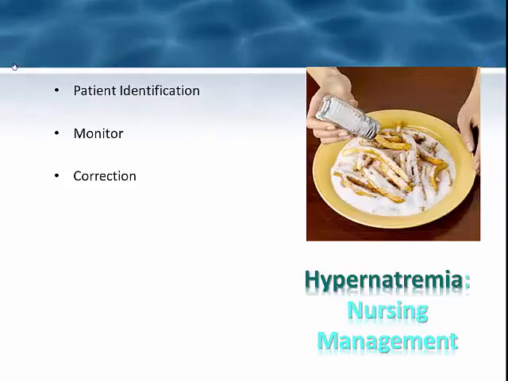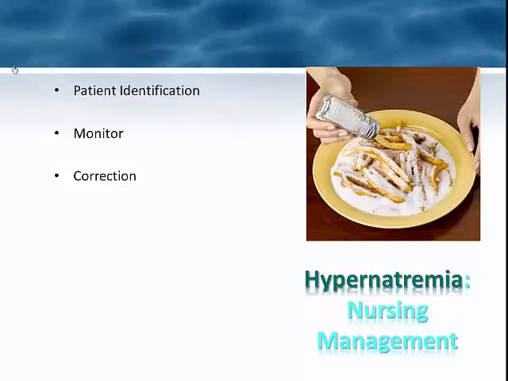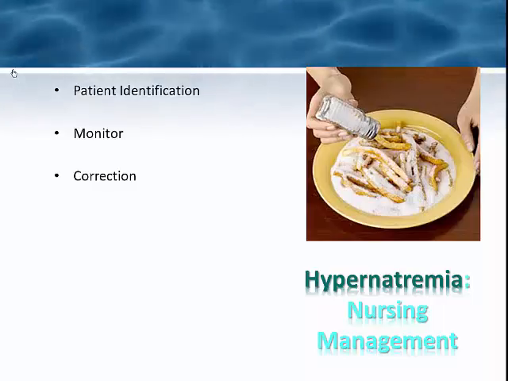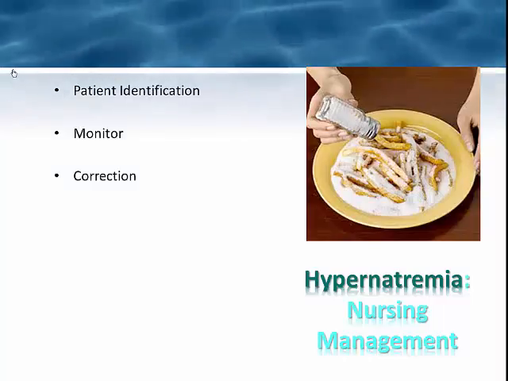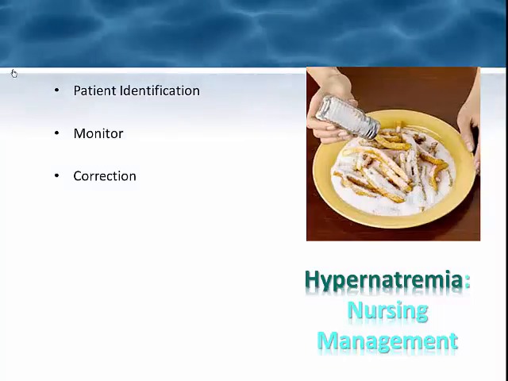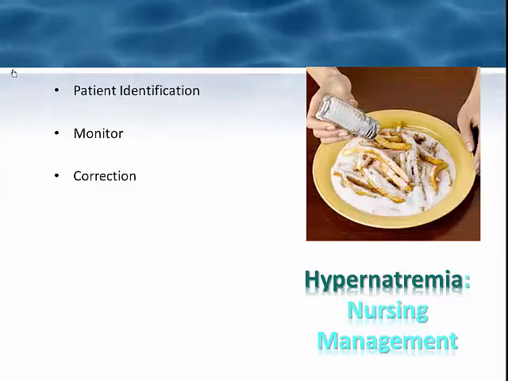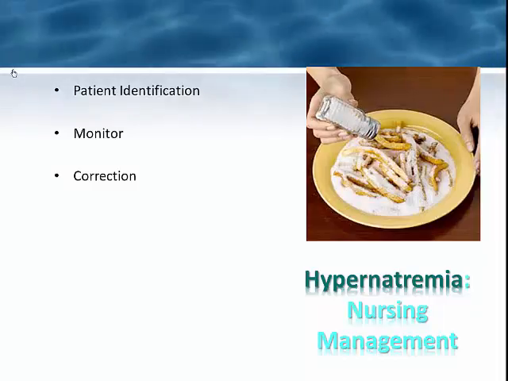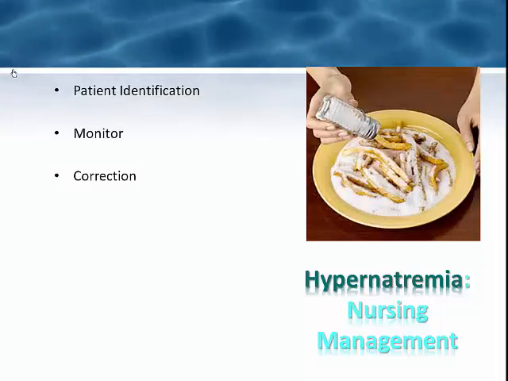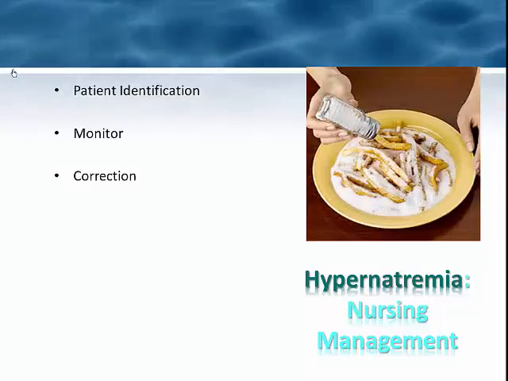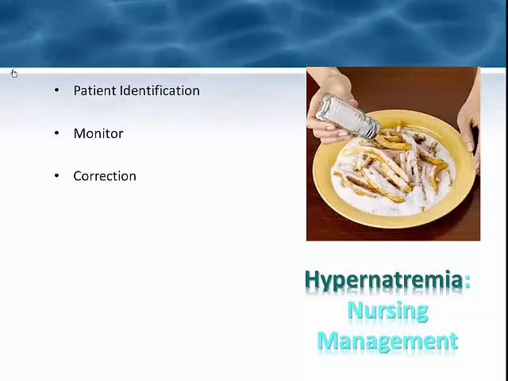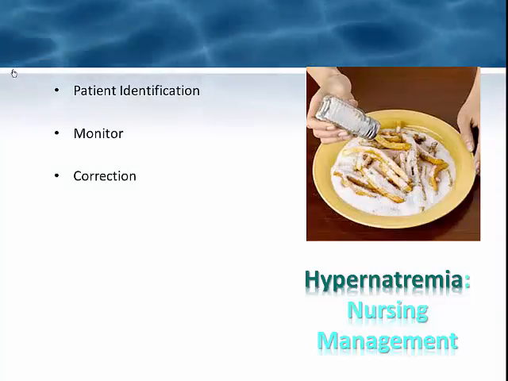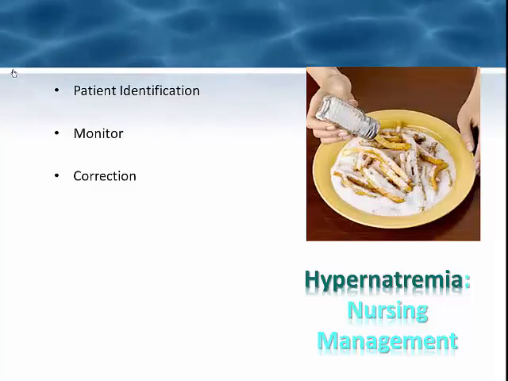Nursing management: identify patients at risk. Again, part of our assessment process. Early identification and treatment improves patient outcomes. Monitor at-risk patients for intake and output changes, especially looking for abnormal loss of water, sodium intake, excessive use of Alka-Seltzer or other high bicarb things, or low water intake.